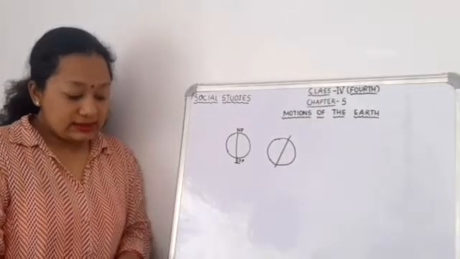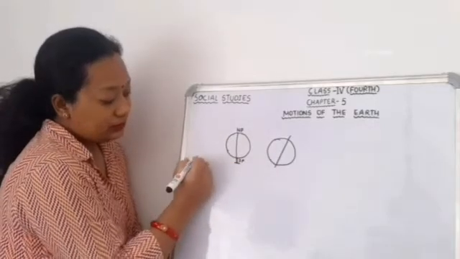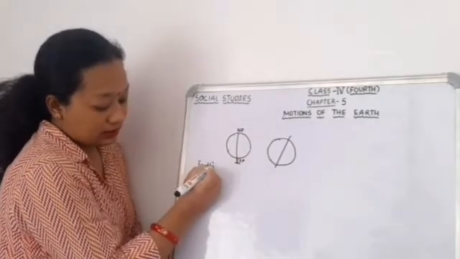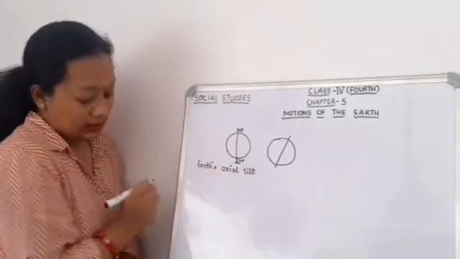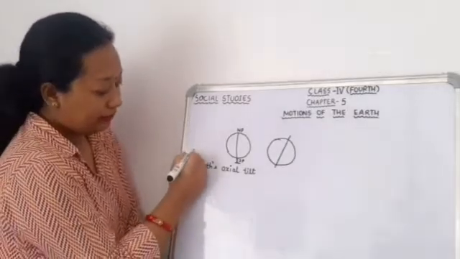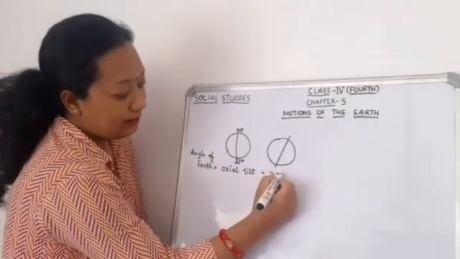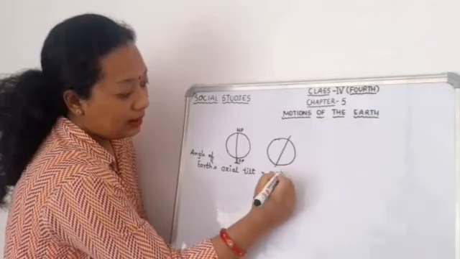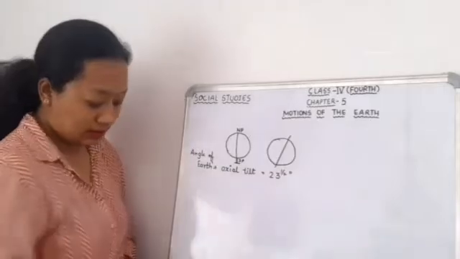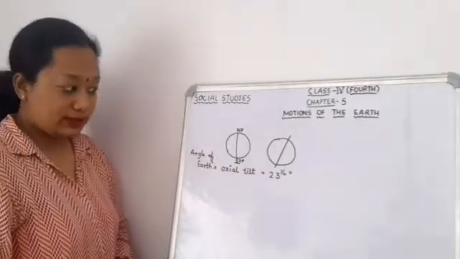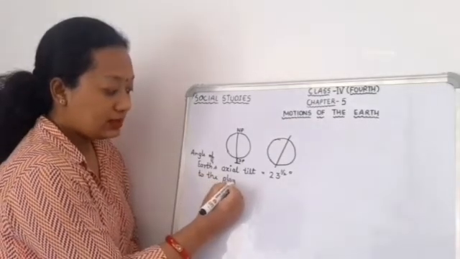The Earth's axial tilt is 23.5 degrees. The angle of Earth's axial tilt is 23 and a half degrees to the plane of orbit.